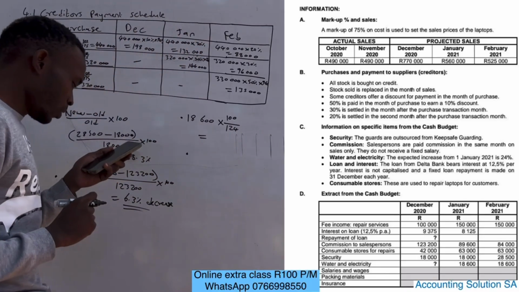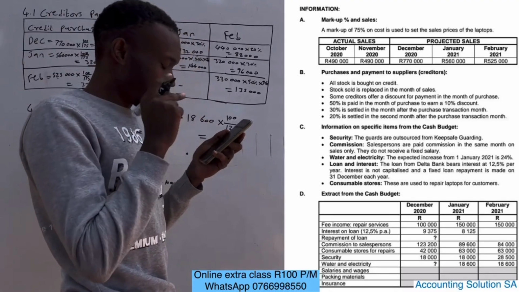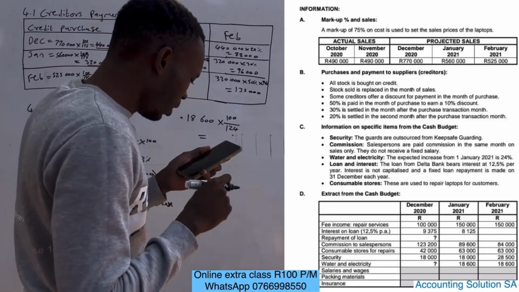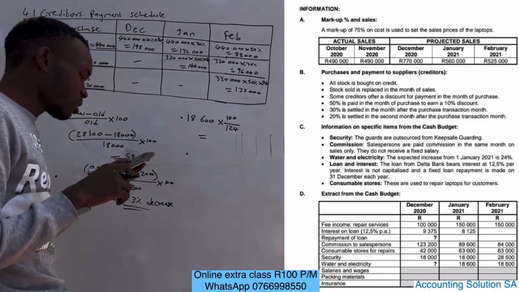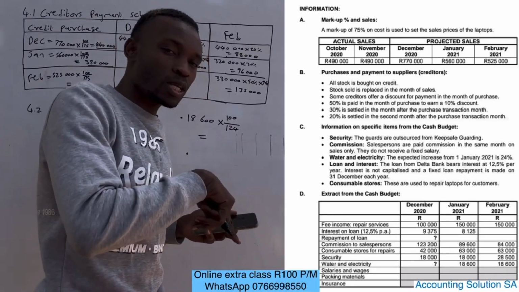If you check, we have only one option to calculate this repayment. We have interest on the loan. In December it was 9,375 and in January it was 8,125. The interest decreased because of what? Of the repayment.